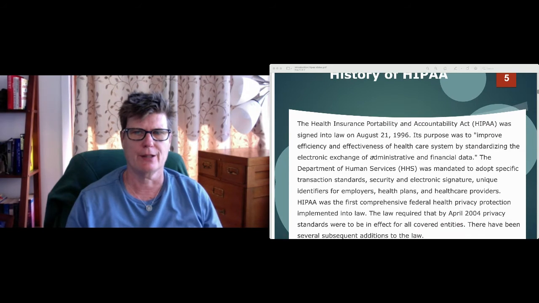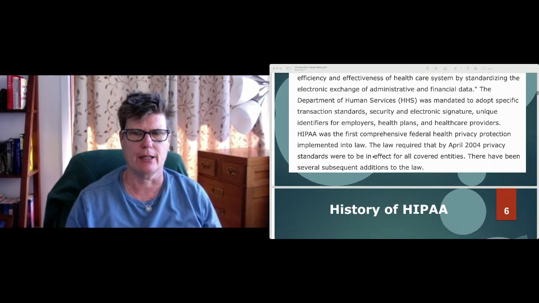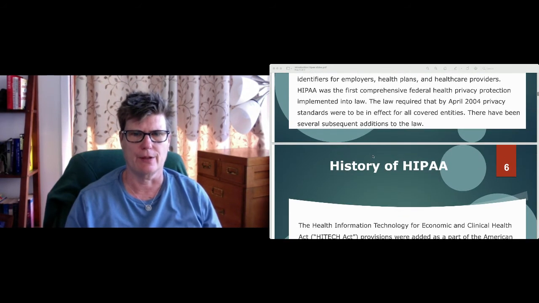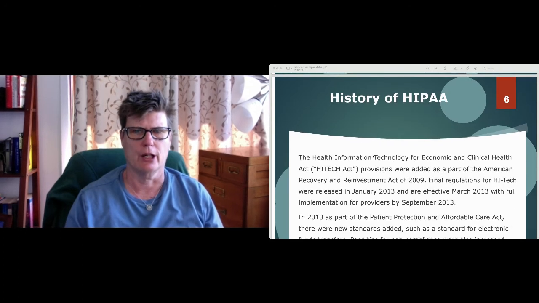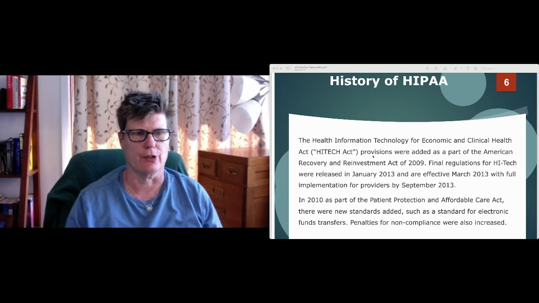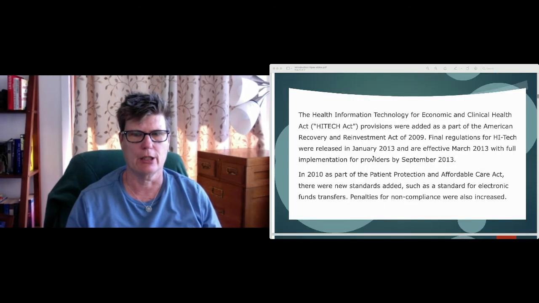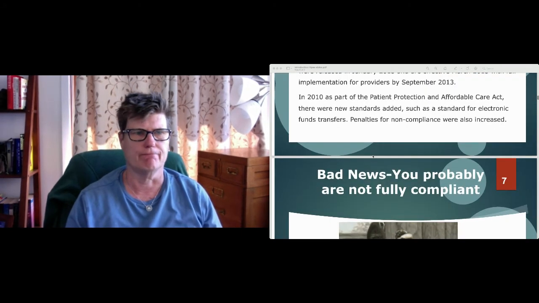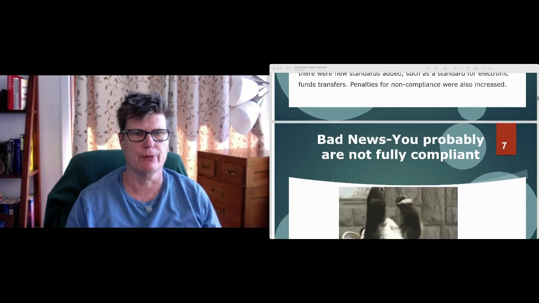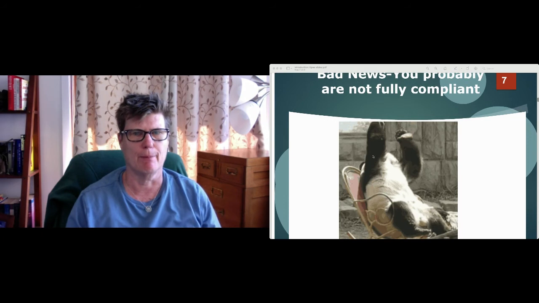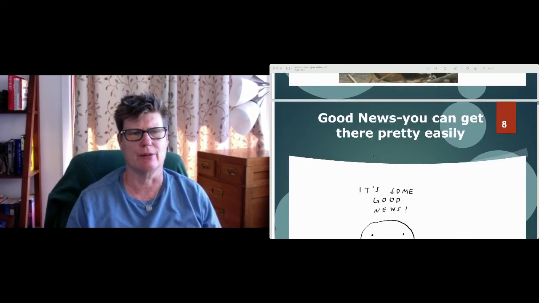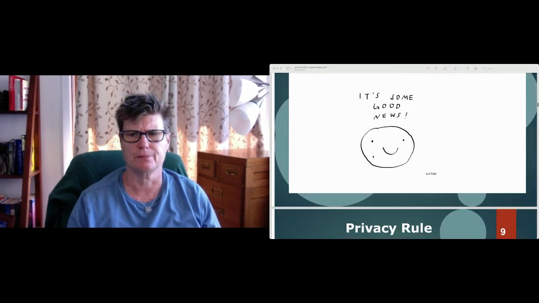It originally passed in the late 90s and it added a few things in 2004 and again in 2009, and final regulations went into effect in 2013. So there's a lot of regulations to review. The bad news is you're probably not fully compliant, but the good news is you can get there pretty easily.